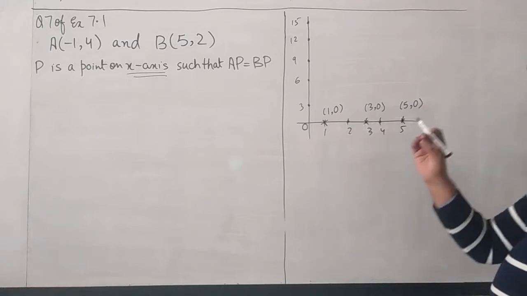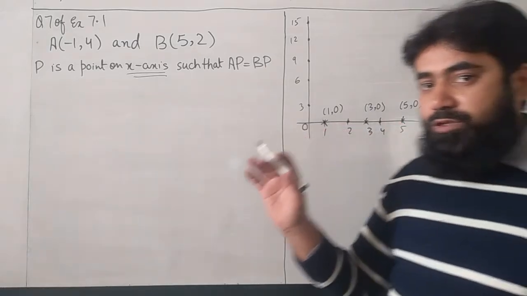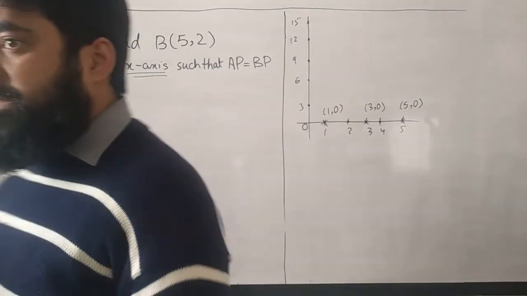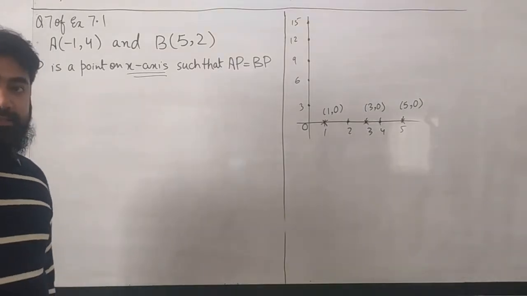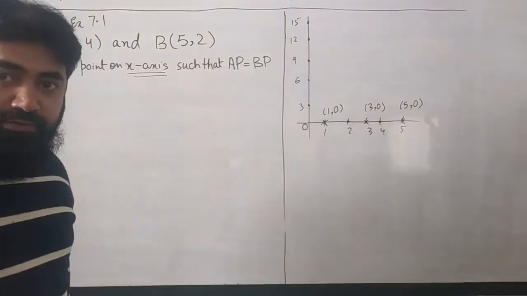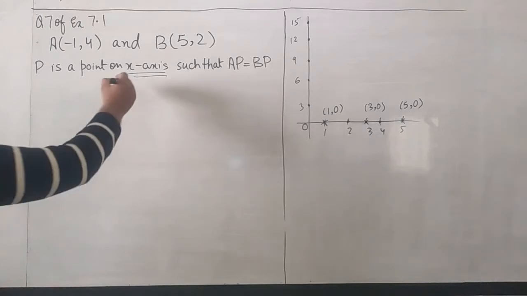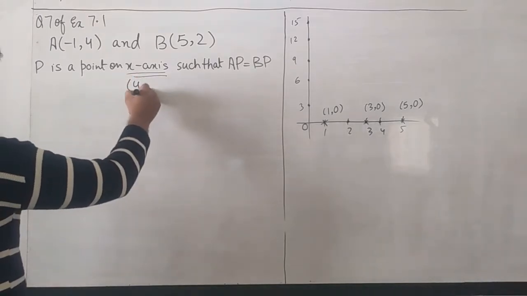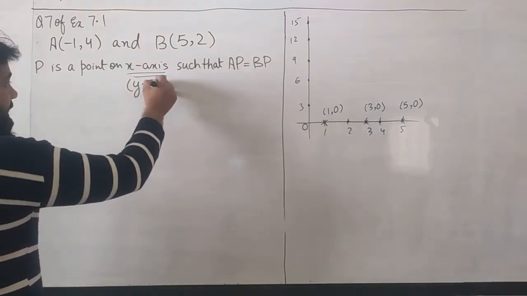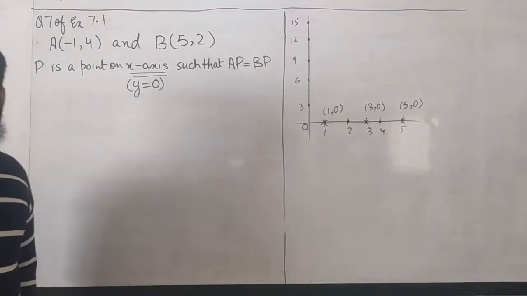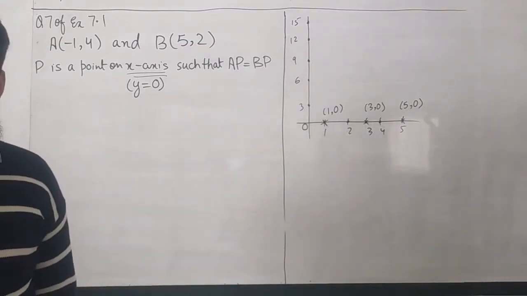A very simple thing which you have to remember: whenever something is given on x-axis, you will directly say the coordinate of y at that point will be taken as 0.